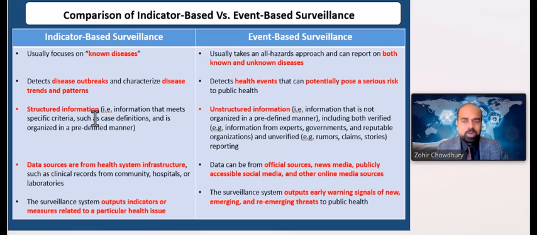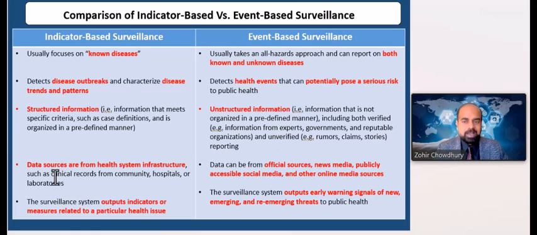In the same vein, IBS relies on structured information, whereas EBS relies on unstructured information, including both verified as well as unverified sources through rumors, claims, and stories.